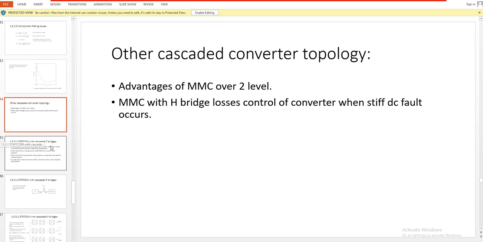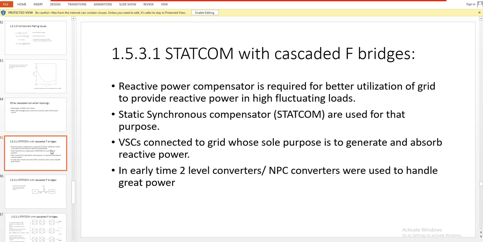So now let's move on and discuss what are the other uses of converter. Basically these conventional converters can be used as a source of supplying reactive power and a source of consuming reactive power.